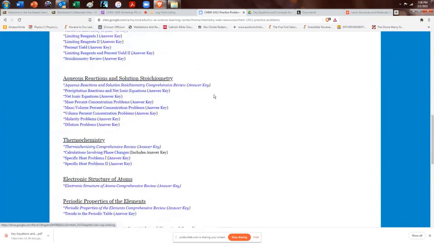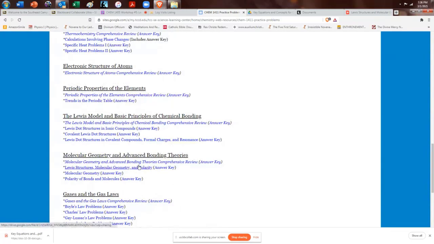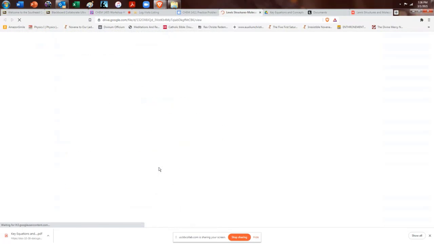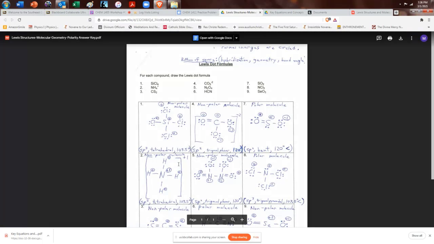That'll be helpful. There are answer keys that go along with that. For example, you draw the different Lewis structures, indicate what the hybridization is, and the molecular geometries are all listed there. These are basically the same ones that we did today, so you could check your molecular geometries with this.